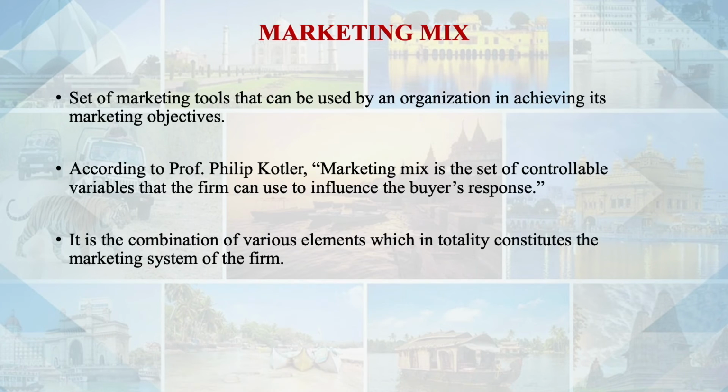Another dimension: it is the combination of various elements which in totality constitutes the marketing system of the firm. In the very beginning I told you that in market segmentation the market is divided, and in marketing mix the marketing strategy is divided. So this definition is just vice versa.